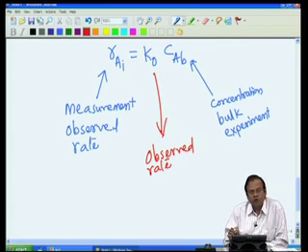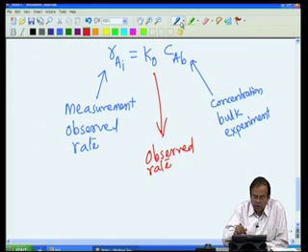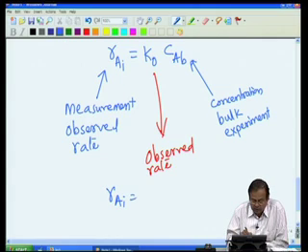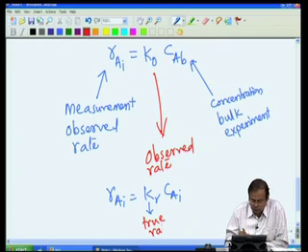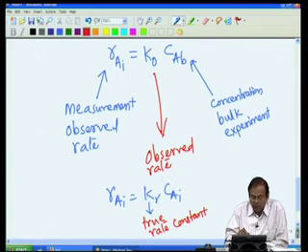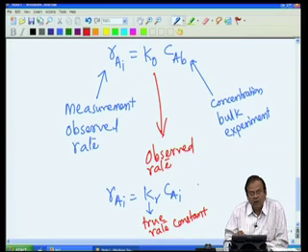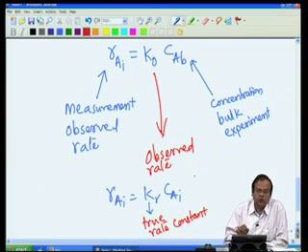Why is it the observed rate constant? Because if you recall, my true reaction rate is Kr into Cai. So, this is my true rate constant. But I will measure or observe K naught. Are these two the same? They are, if mass transfer resistance is very small.